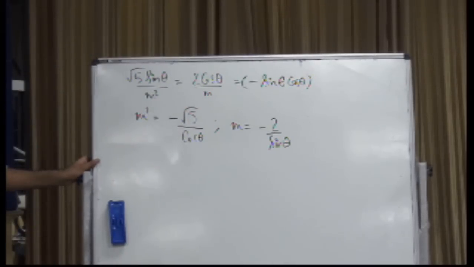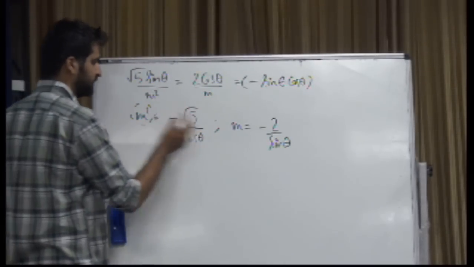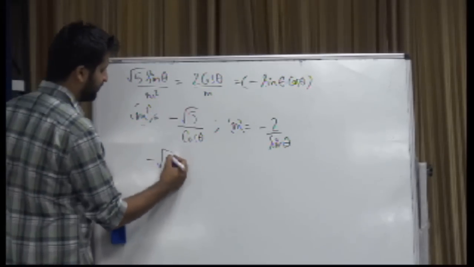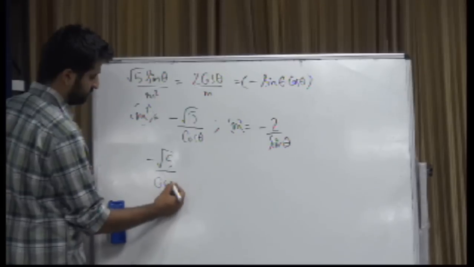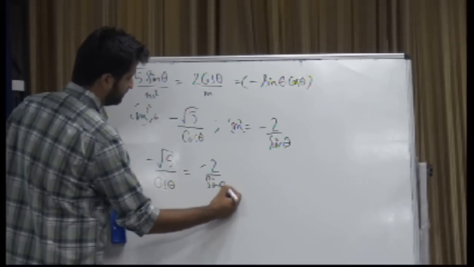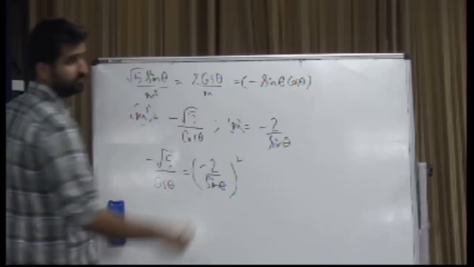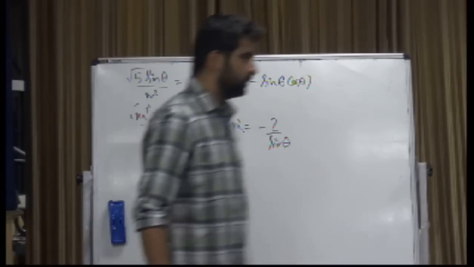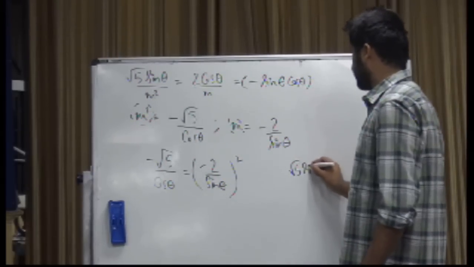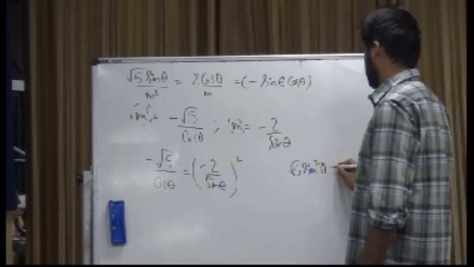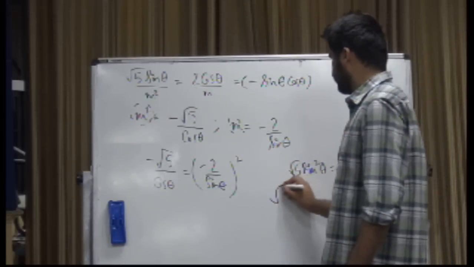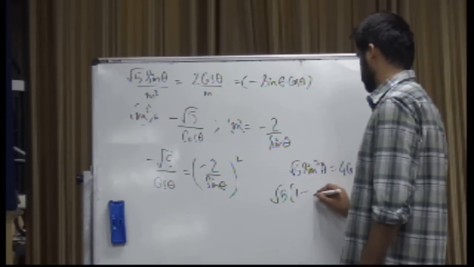Okay, you can eliminate m from here. This is m square, this is m. Therefore, minus root 5 upon cos theta is equal to the square of this, right? So you get root 5 sin square theta equals 4 cos theta.